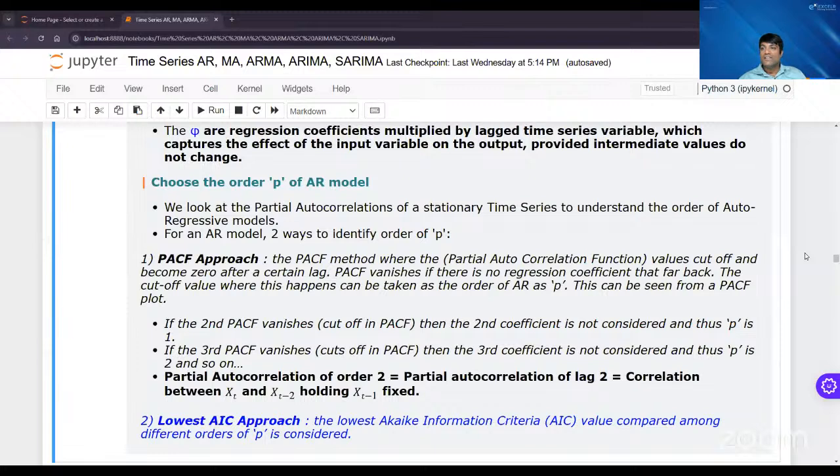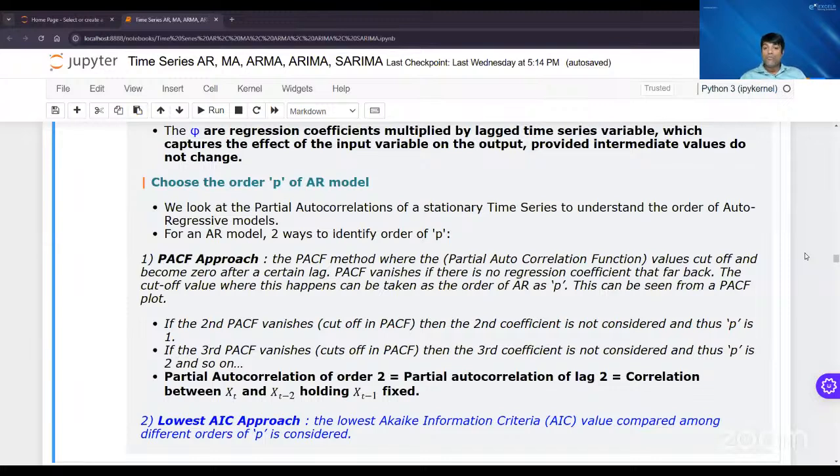The first thing is linearity. That is why we are applying the lag to the previous data and making it stationary, so that linearity lies in the data. And the data has to be stationary. By this time, you already know what stationary is. Mean, variance and autocorrelation have to be constant over a period of time.